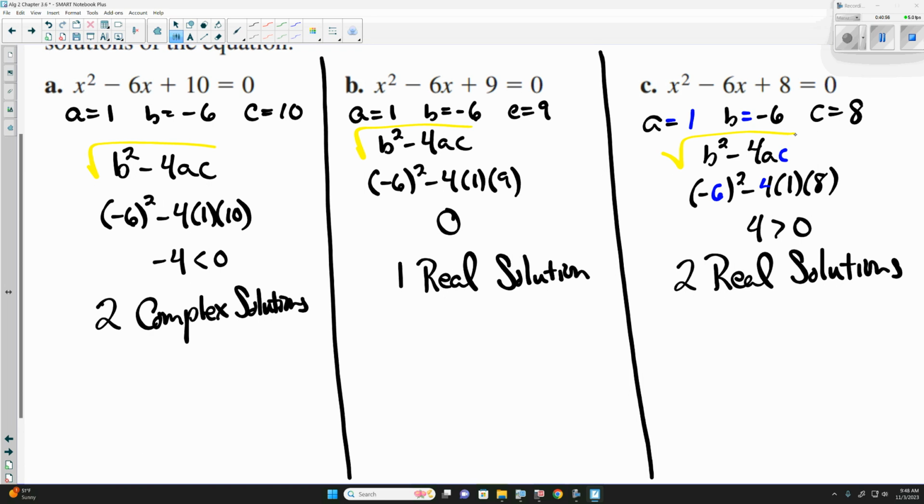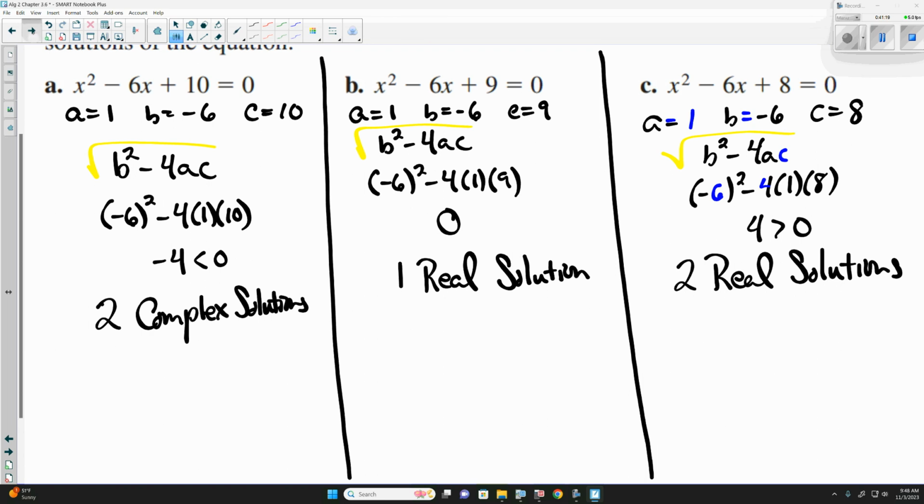It's going to give us those complex solutions. As we saw, square root of 0 is just 0. It doesn't add or subtract anything, so we just get 1. And if we take the square root of a positive number, we will have 2, the positive and negative case, real numbers, and they work out. Questions on this here? We kind of get how this works?